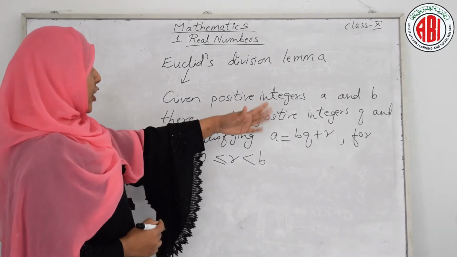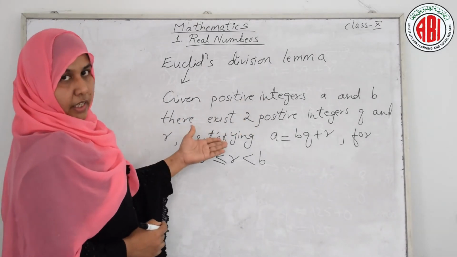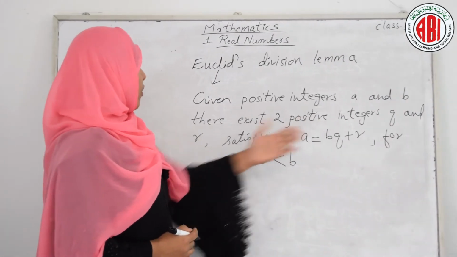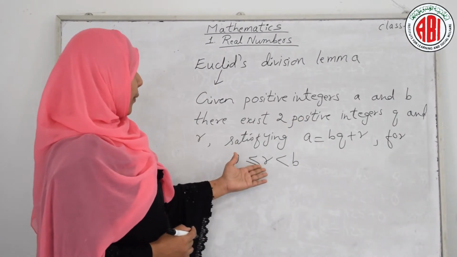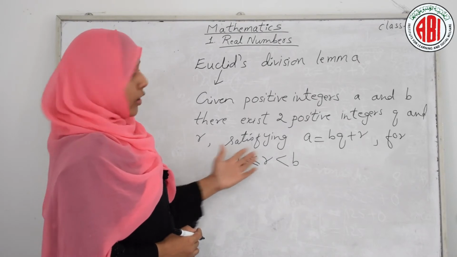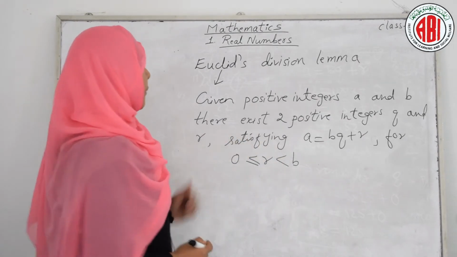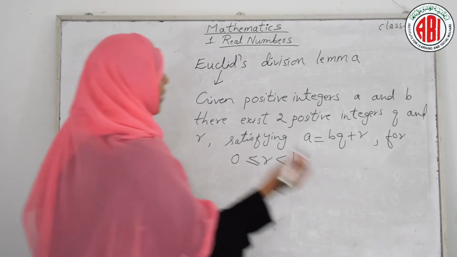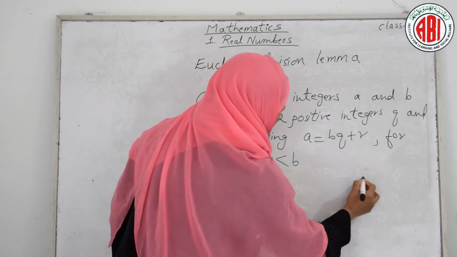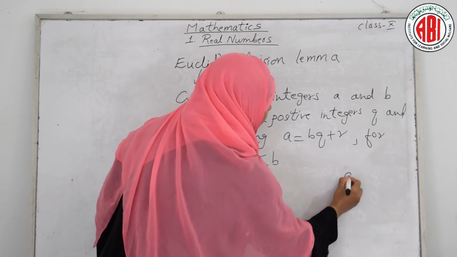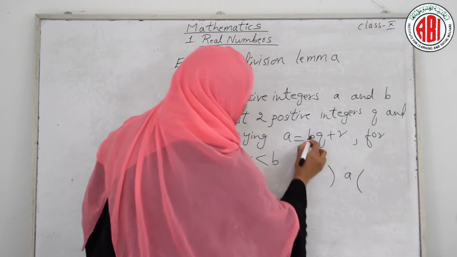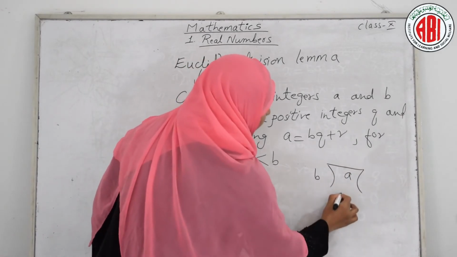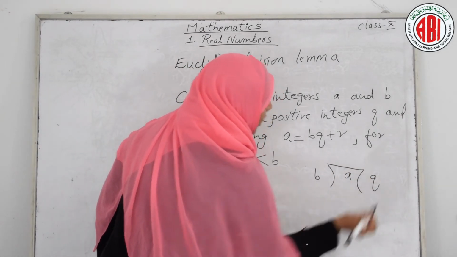This is the Euclid's division lemma statement: given positive integers A and B, there exist two positive integers Q and R, satisfying A is equal to BQ plus R. We have to satisfy this condition: the remainder should be greater than or equal to 0 and less than B. Why is it less than B? Because whenever we divide, A is the dividend, B is the divisor, and Q is the quotient.